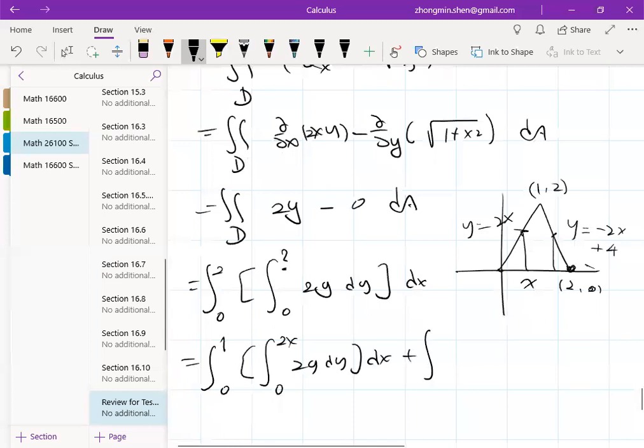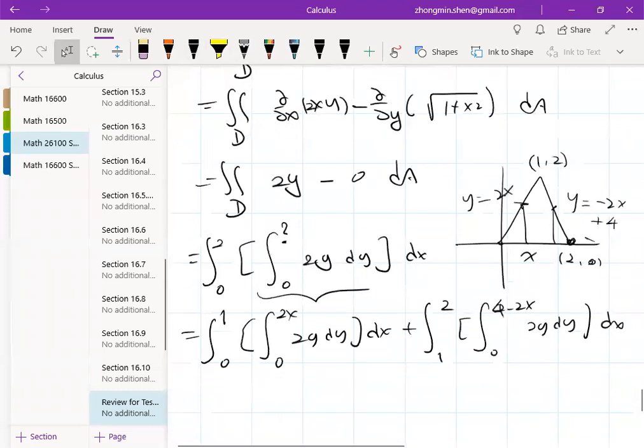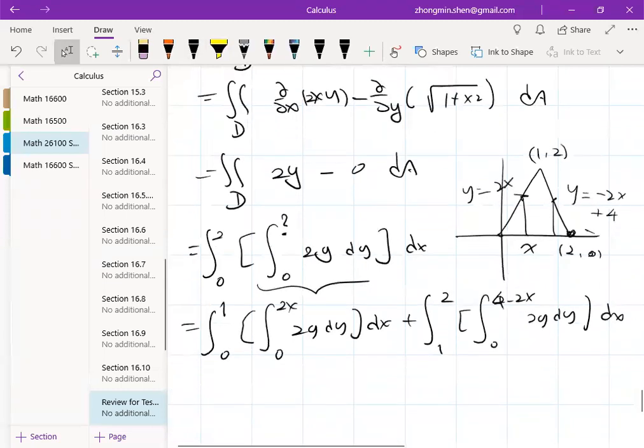Then x is from 1 to 2, so y goes from 0 to 4 minus 2x. You just break this integral in 2 pieces. The question mark depends on which interval you are on.